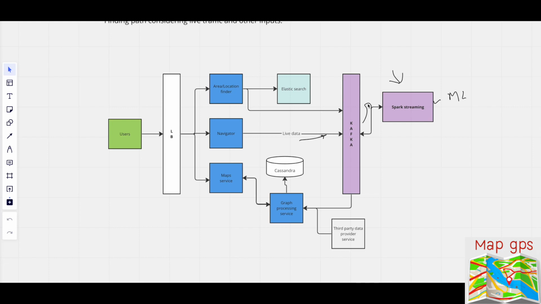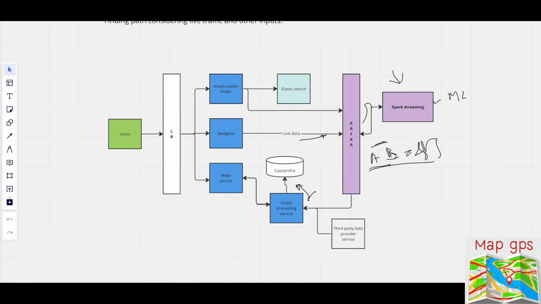So this service will keep processing that data and keep pumping it to our graph processing service. In case the graph processing service has different data for A to B, this will update that.